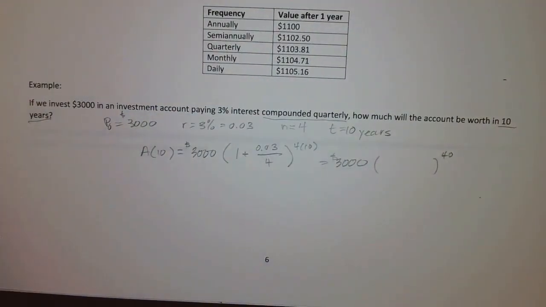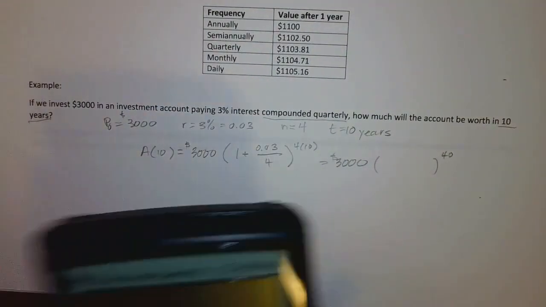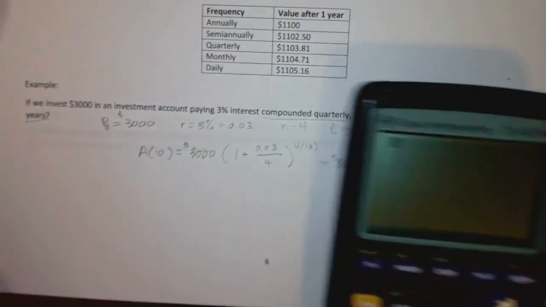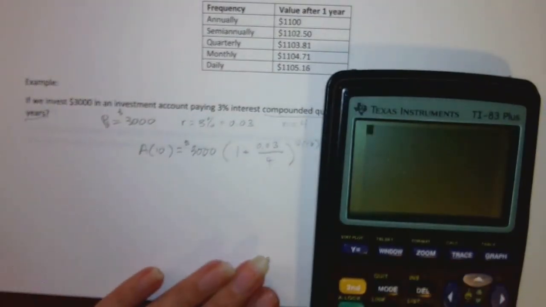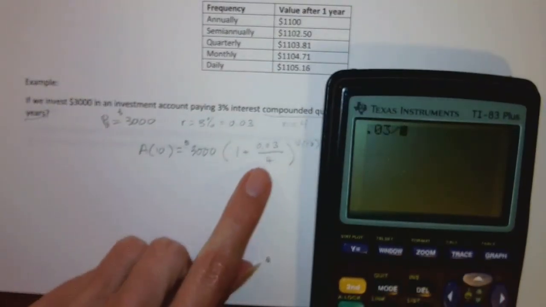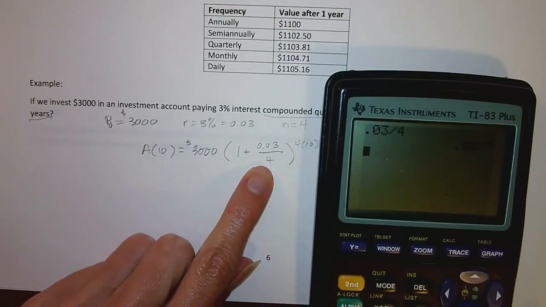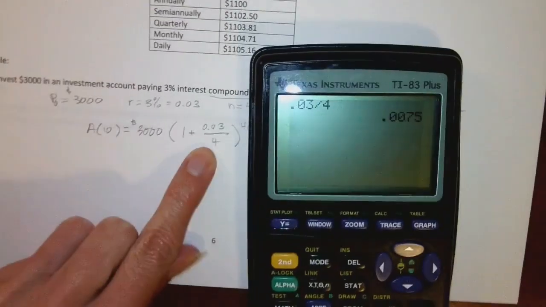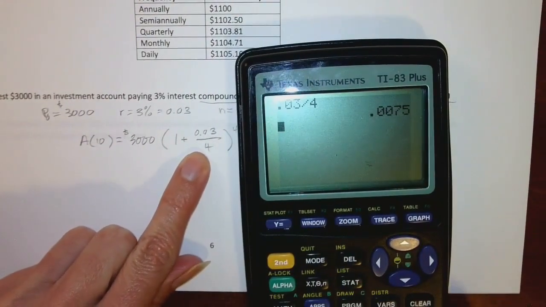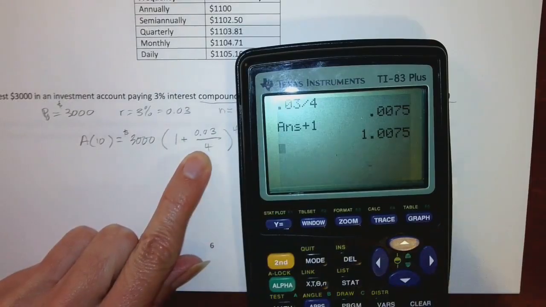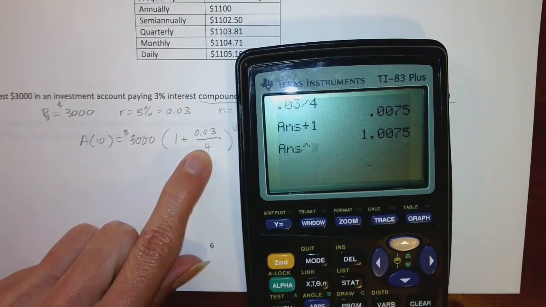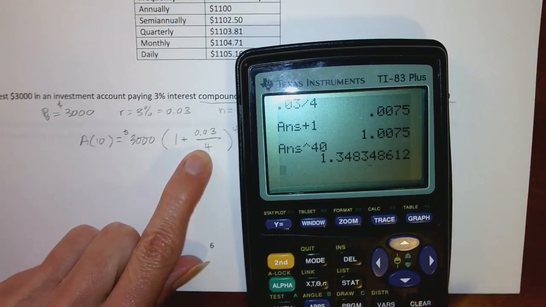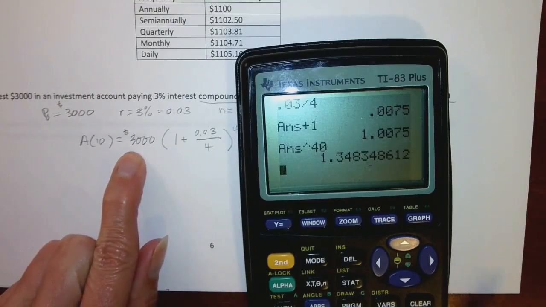On my calculator, I have 0.03 divided by 4, and then I'm going to add 1, and then I'm going to raise it to the 40th power. Then I'm going to multiply it times 3,000.